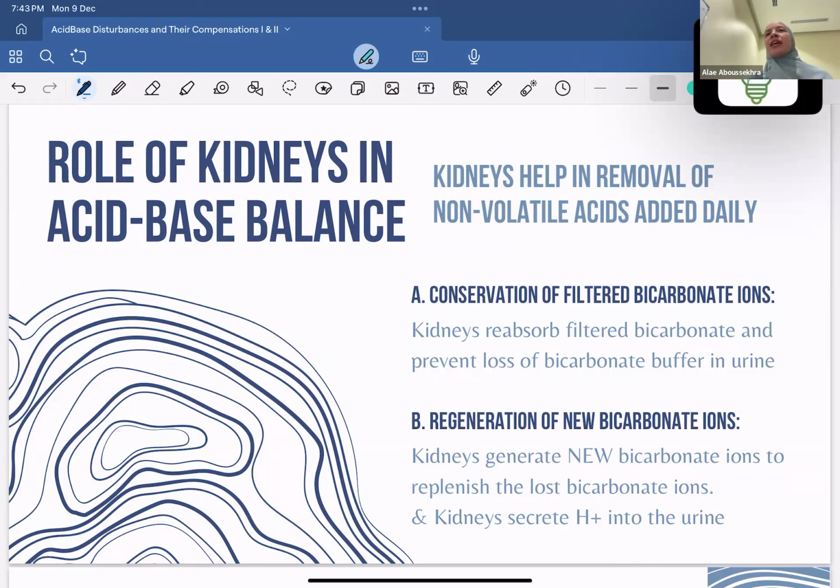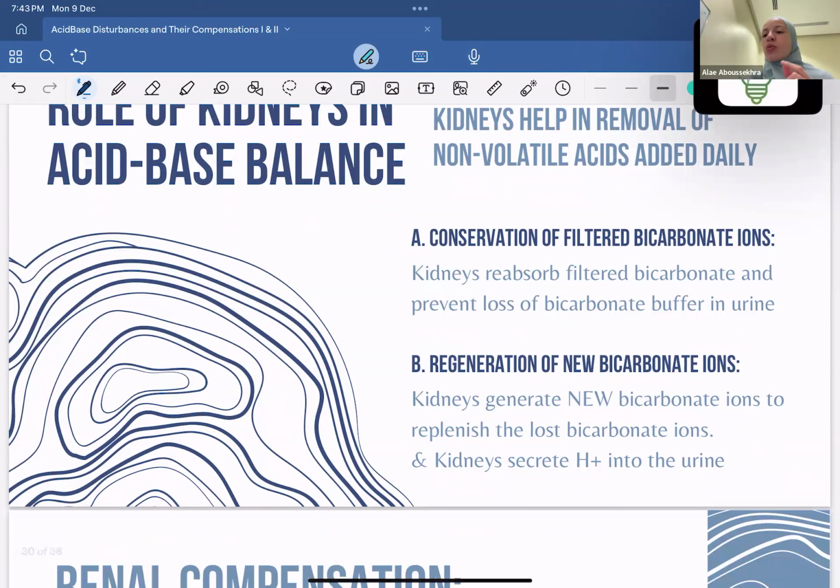The kidney is what keeps the pH normal and helps us get rid of them and make sure there's a balance. The kidney does that by first of all conserving the filtered bicarbonate. That means the kidneys reabsorb the bicarbonate to maintain the bicarbonate buffer, because we don't want to lose the buffer. You guys should know by now what a buffer is.